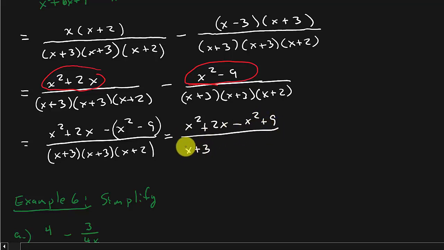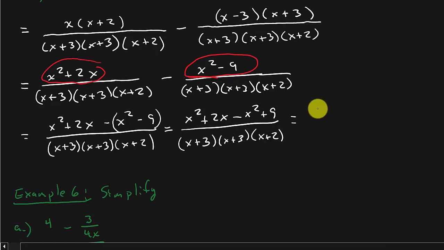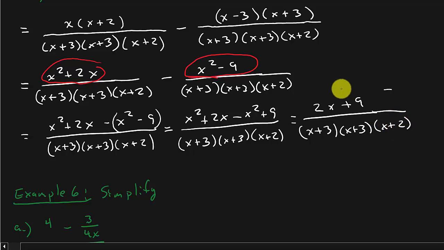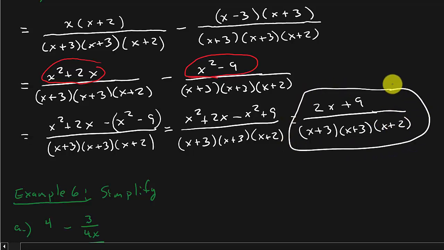And that's x plus 3, x plus 3, x plus 2. Combine like terms, I get 2x plus 9 over x plus 3, x plus 3, and x plus 2. And this is your answer. And yes, you would check to see if you can reduce this. The numerator doesn't factor, nothing cancels, so that would be your final answer.